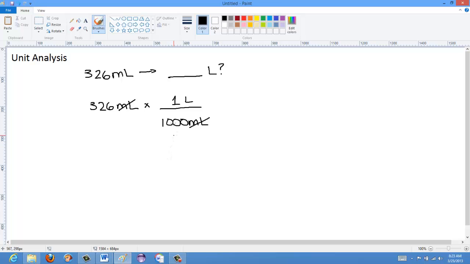They'll divide out, and the unit that I'll be left with is liters. So in this case I would get 0.326 liters, or better expressed as 3.26 times 10 to the negative 1 liters.